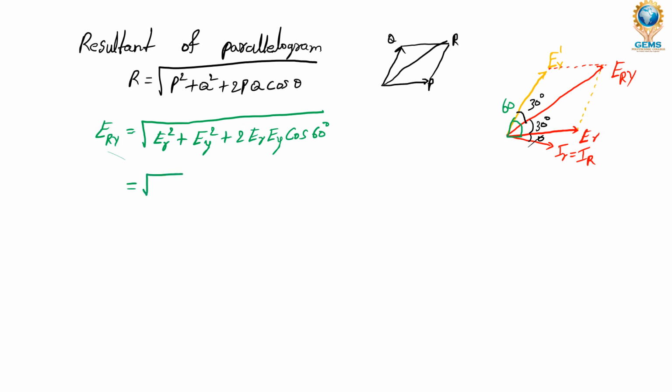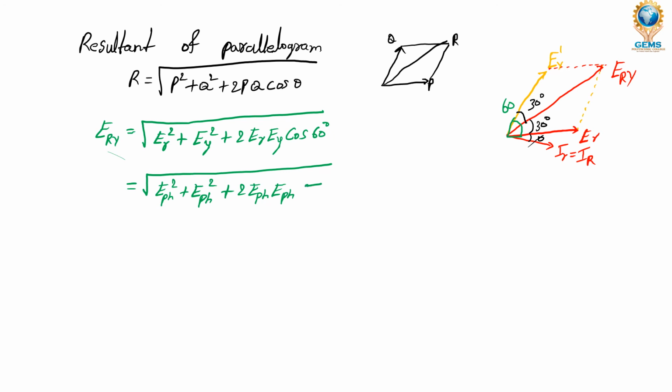So this is E phase square plus E phase square plus 2 E phase into E phase cos 60.